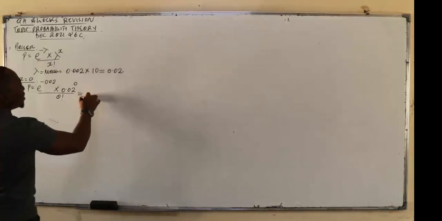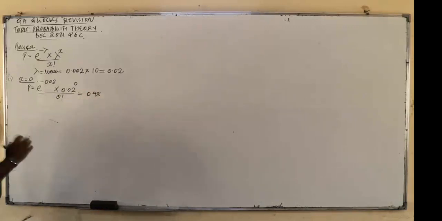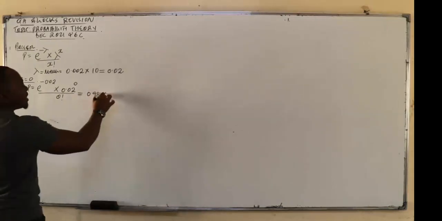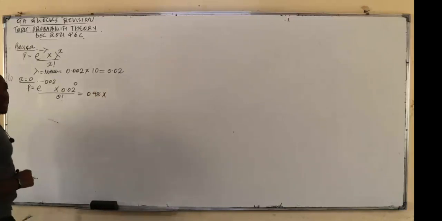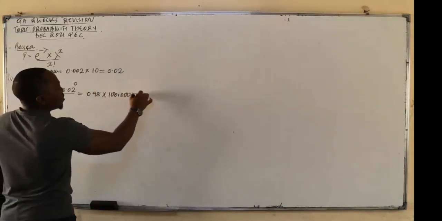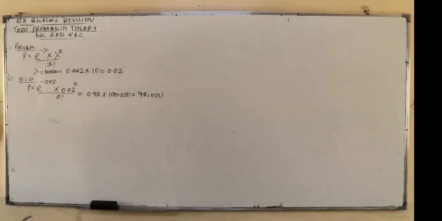You get 0.98. This is the probability of having no defective, but that's not the question. The question was, using Poisson distribution, calculate the approximate number of packets. So you multiply by the number of packets. We produced how many packets? 100,000. So approximately 98, yeah, 98 packets will have no defective.